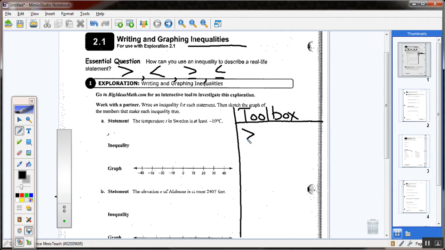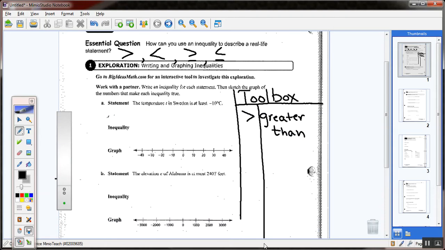That's a greater than. As I read left to right, this is a greater than sign. Okay. My next one, how do I read this one? Less than. I think you probably know this already, but I just want to write this down as a quick reference. So less than.